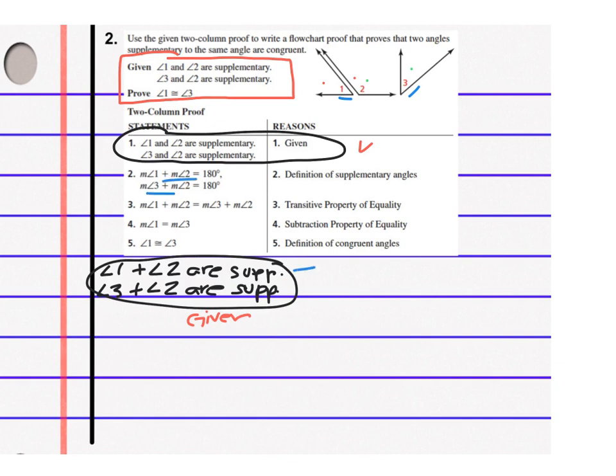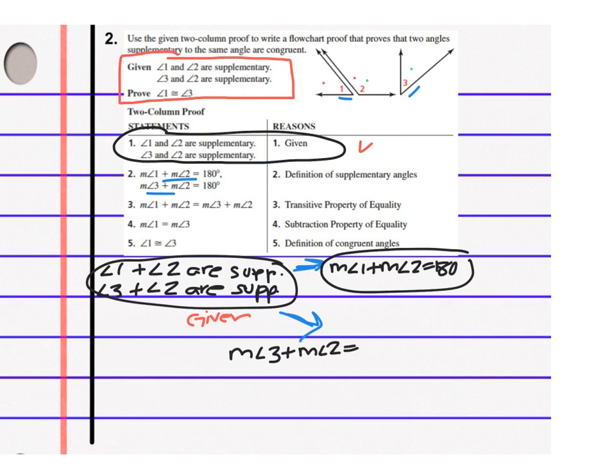So I'm going to say that measure of angle 1 plus the measure of angle 2 equals 180 degrees. And I'm going to say the measure of angle 3 plus the measure of angle 2 is also 180 degrees.